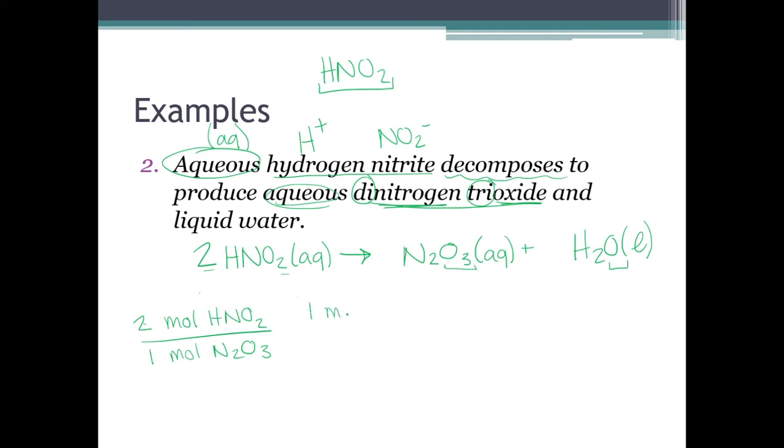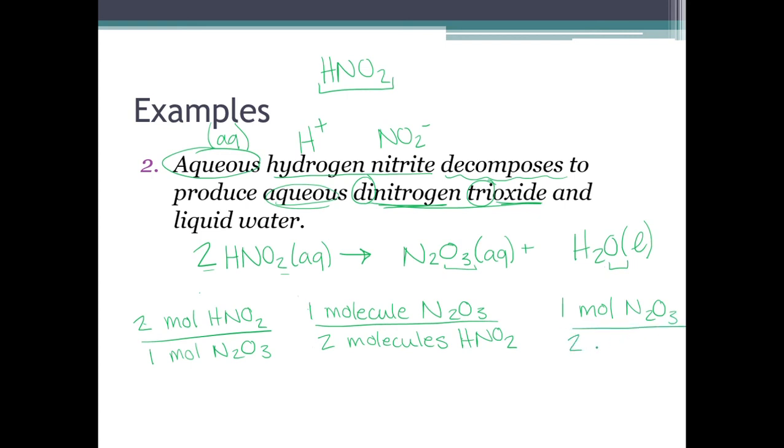For every 1 molecule of N2O3, we use 2 molecules of HNO2. Or we could have flipped it without changing the units. We could have said for every 1 mole of N2O3, we used 2 moles of HNO2.